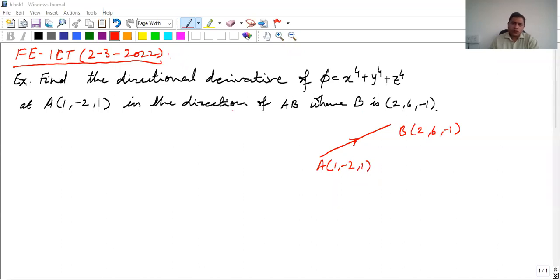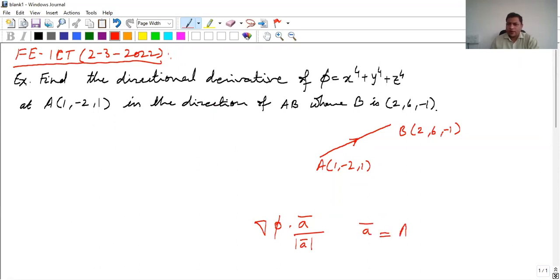Now if we want to have the directional derivative in this direction, what is the formula? We have the formula del phi dot a bar upon mod of a bar. What is this a bar?